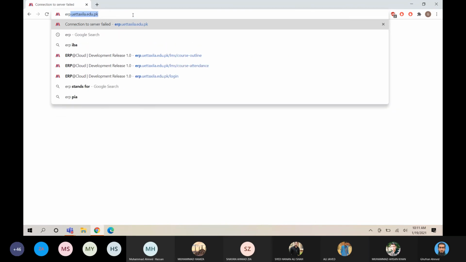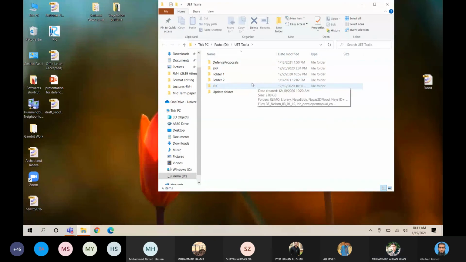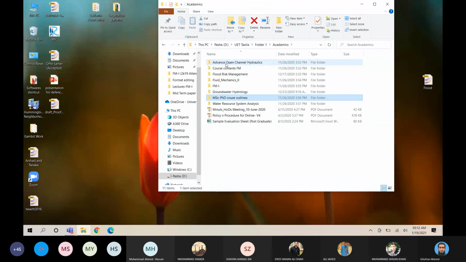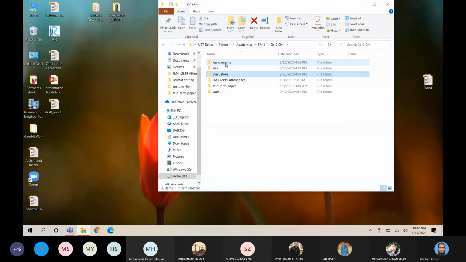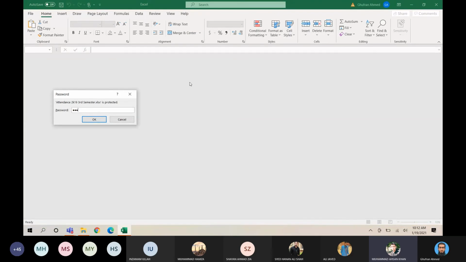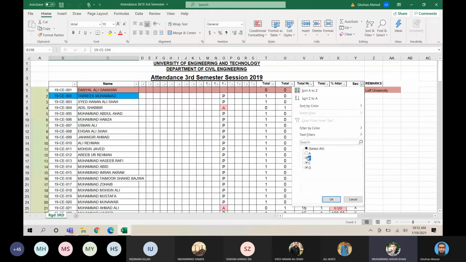Why it's not connecting. Then I take attendance manually, because I have to fill this attendance in the e-portal. Both sections are here right now? Yes, sir.